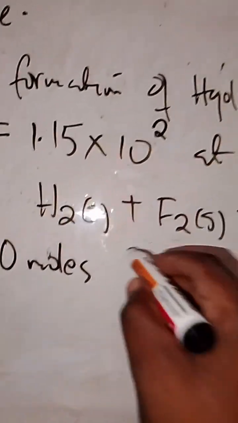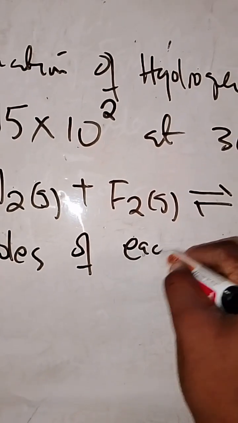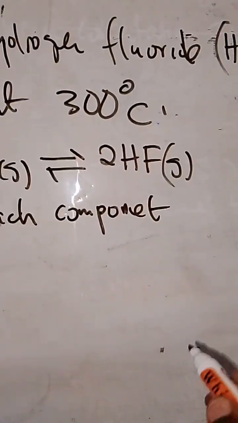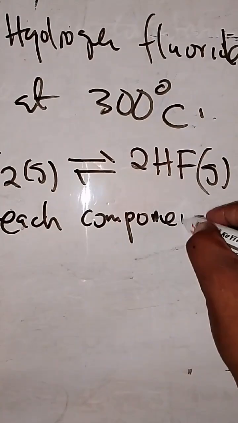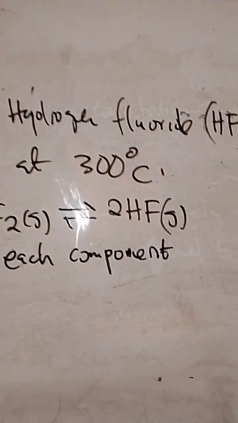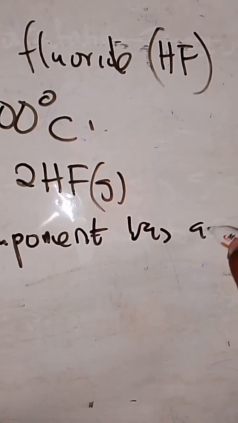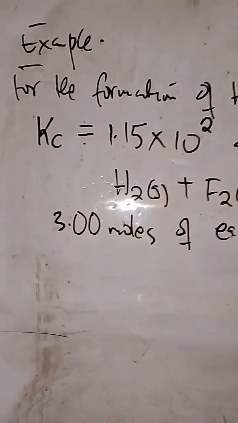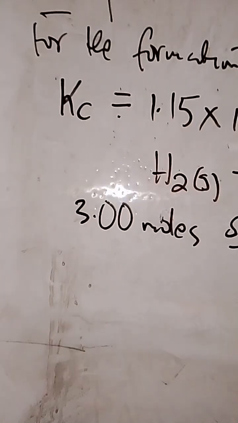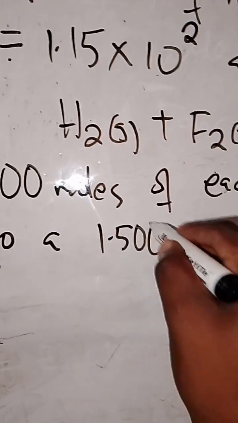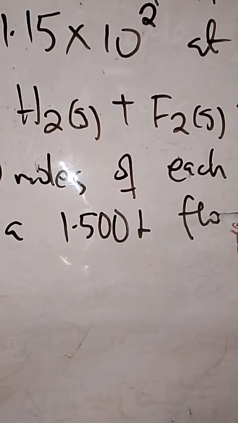So in a particular experiment, 3.00 moles of each component was added to a 1.500 liter flask.